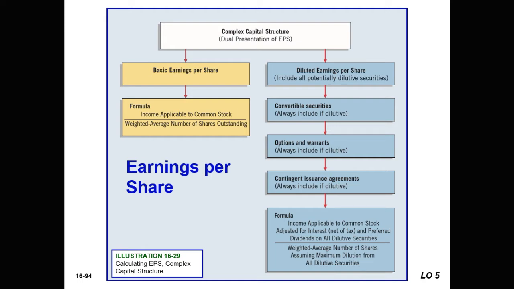We take our income that's applicable to common stock and adjust it for interest net of tax and preferred dividends on all of the dilutive securities. We divide that by the weighted average number of shares, assuming maximum dilution from all dilutive securities.